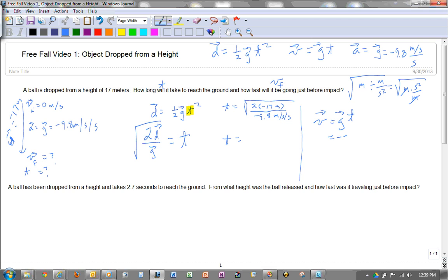G is negative 9.8 meters per second squared times whatever this answer is going to go in here.